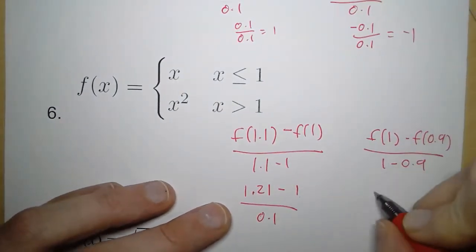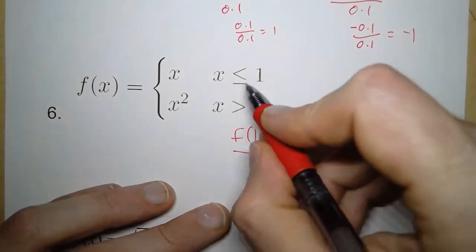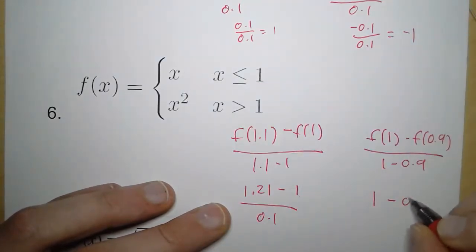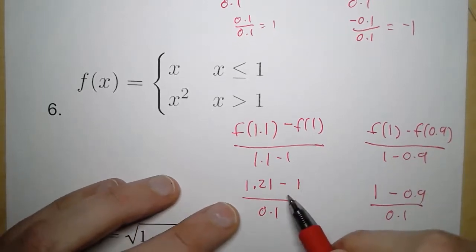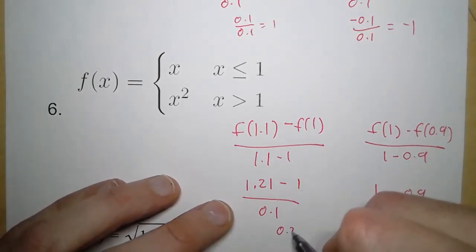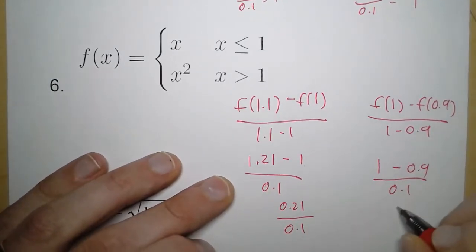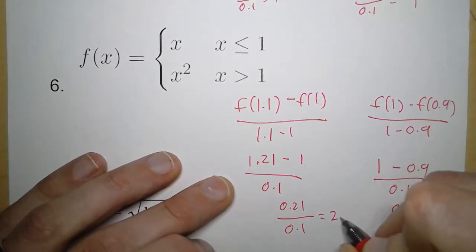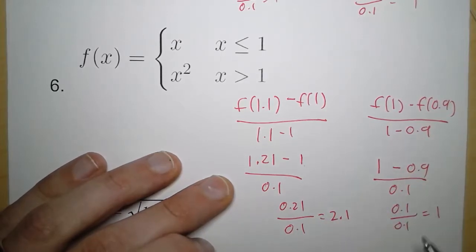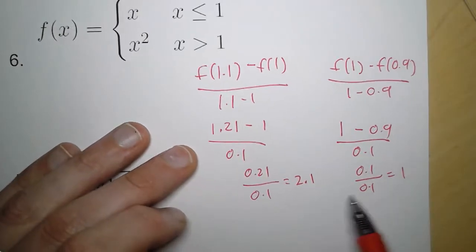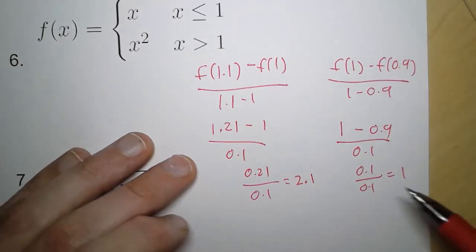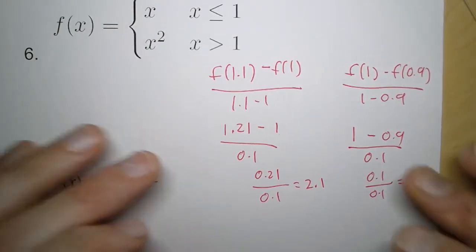Here we plug in 1, so that's 1. We plug in 0.9, that is also x. And when we subtract 1, we have 0.21 over 0.1. Here we have 0.1 over 0.1. So this simplifies to 2.1, and this simplifies to 1. So again, these two slopes look nothing alike. So we can't approximate the tangent slope here.